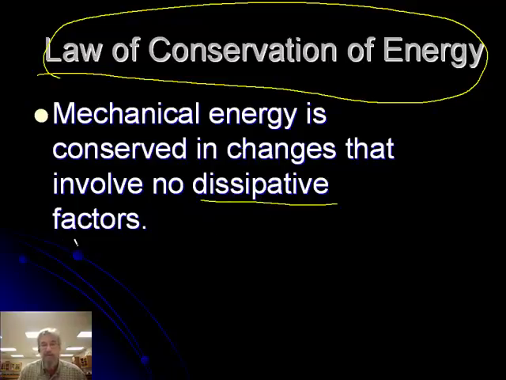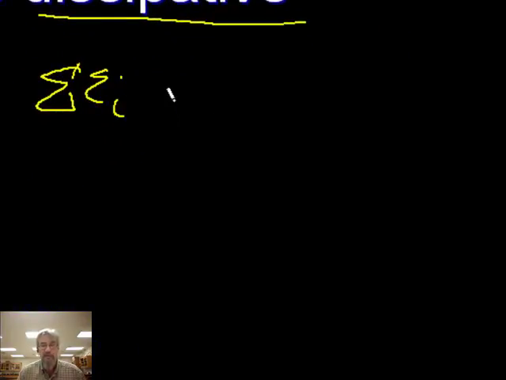So here's what this means. If there's no friction, the total amount of mechanical energy, total amount of energy in the system, is conserved throughout a change. So we could say that the sum of all the energy initially, before the change, is equal to the sum of all the energy finally, in other words, after the change.